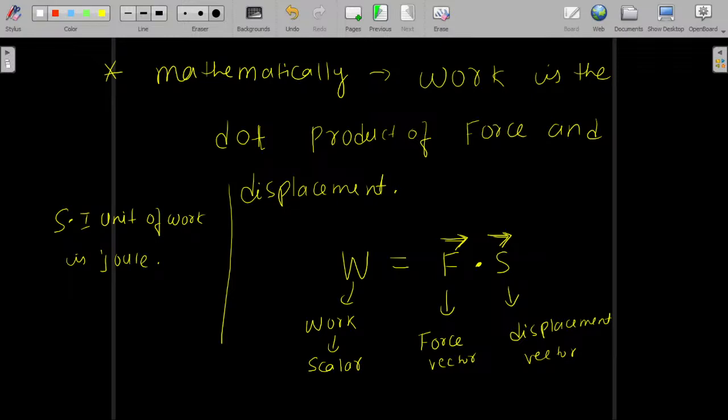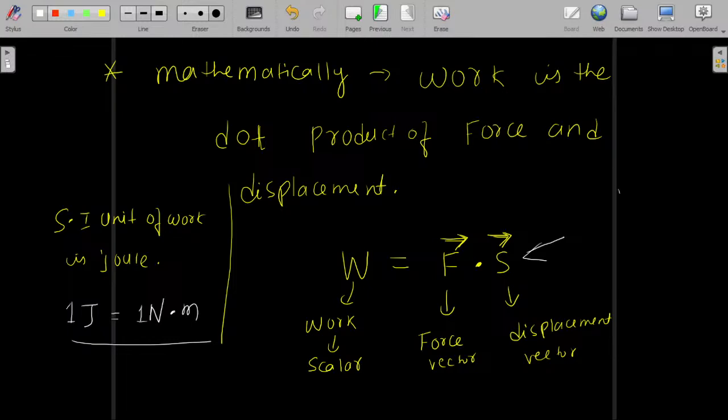And write down one more point, 1 joule is equal to, force is Newton, so write down 1 Newton, and this is displacement, and displacement unit is meter. So 1 joule is equal to 1 Newton meter.